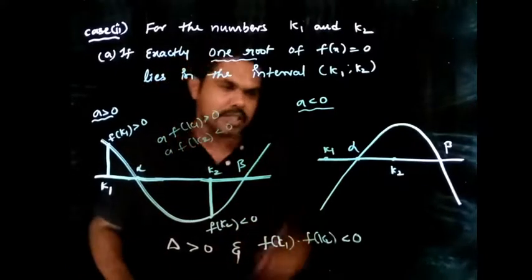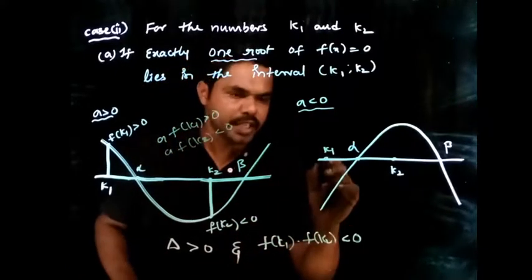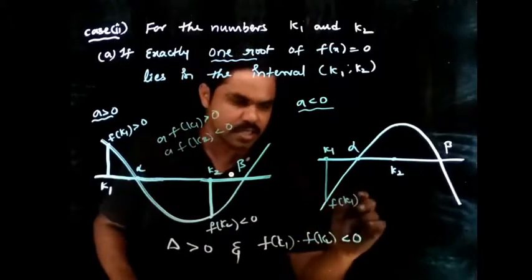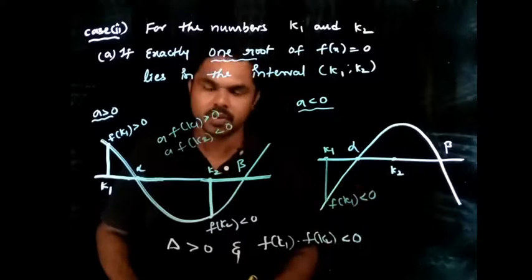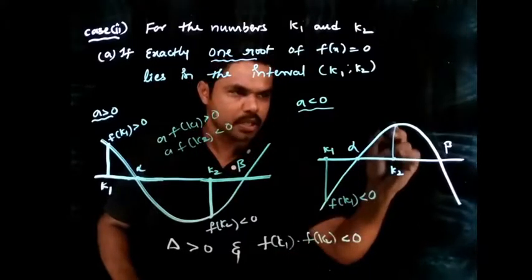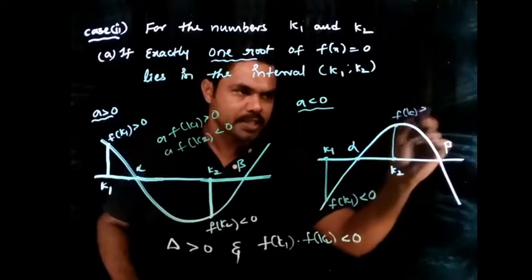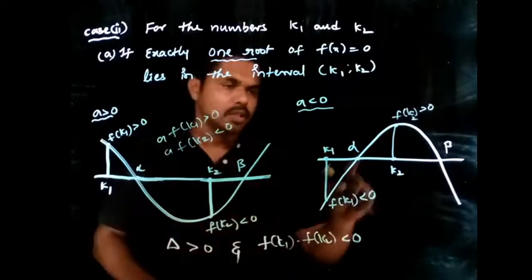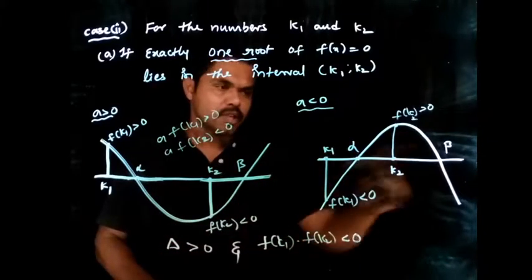Okay, now come to this case. Here, if you take k1 here, f of k1 will be here. This is below the x-axis, it is less than 0. Okay, and if you take k2 here in between alpha beta, this will be the f of k2. It is above the x-axis, it is greater than 0. The same properties will exist here also. See, delta greater than 0 because we have two different roots.